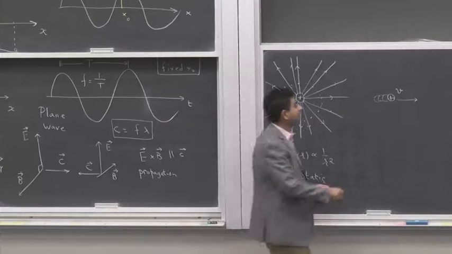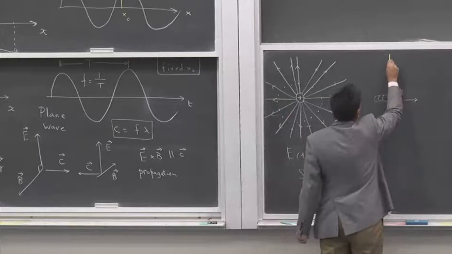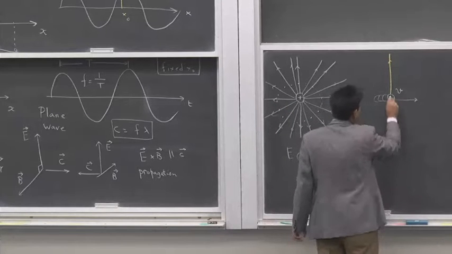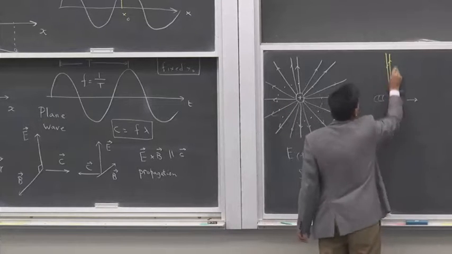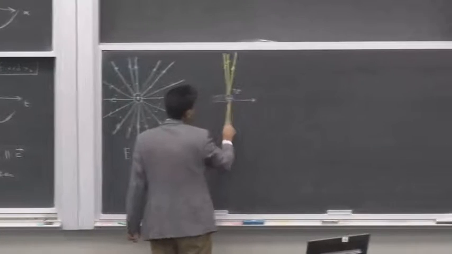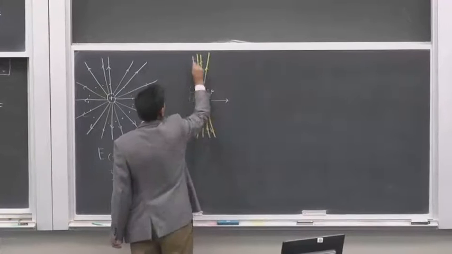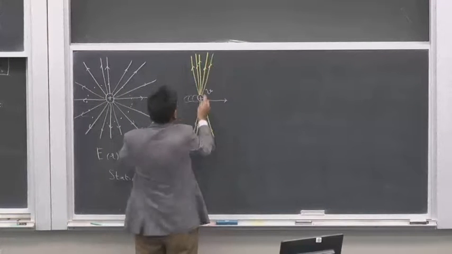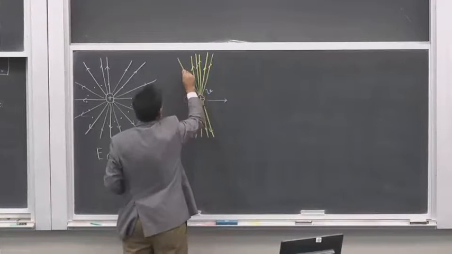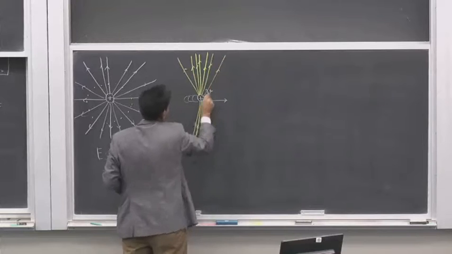What's going to happen is that the electric field lines are going to bunch together in a plane that is normal to the direction of the propagation. So they're going to bunch together inside this plane. They're still going to be radially outwards.